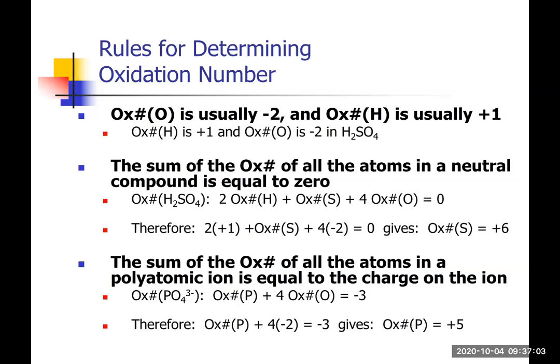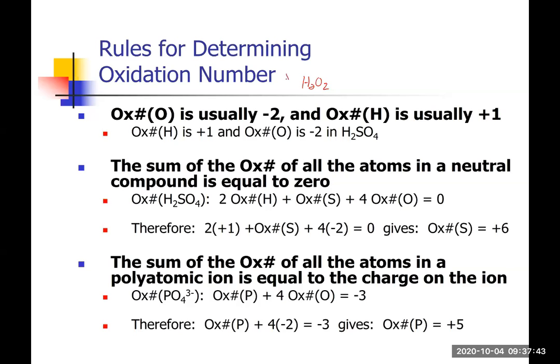Oxygen is usually 2- in compounds, but if we have something like H2O2, which is a peroxide, then oxygen has this one case where it doesn't have an oxidation state of -2. If we calculate the oxidation state in hydrogen peroxide, we know that the hydrogens have a +1 charge because it's written first, and by convention we write the cations, or the metals, first, and in this case hydrogen is behaving like a metal.